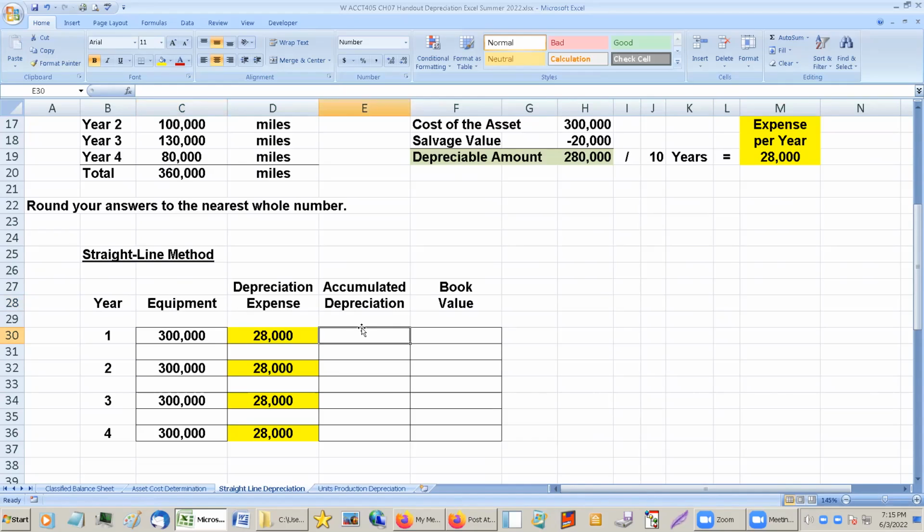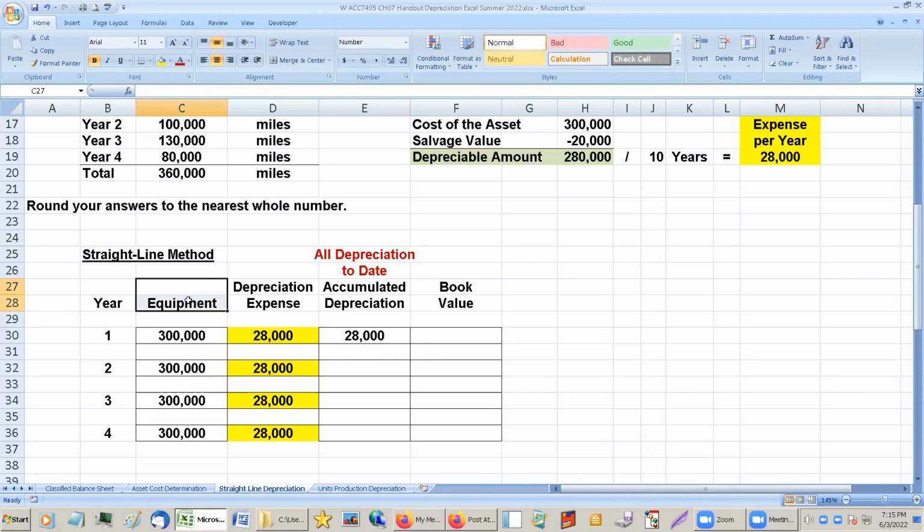Now, the accumulated depreciation is actually the interesting one because this is all the depreciation to date. The first year is just going to be 28,000 because that's all the depreciation we have in 1 year.